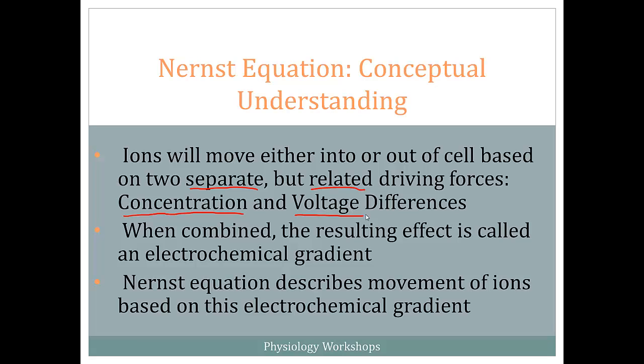When these two forces are considered at the same time, the resulting force is called an electrochemical gradient. So separately, the concentration is just a chemical force. And the voltage, of course, is an electrical one. Hence, we get an electrochemical gradient.